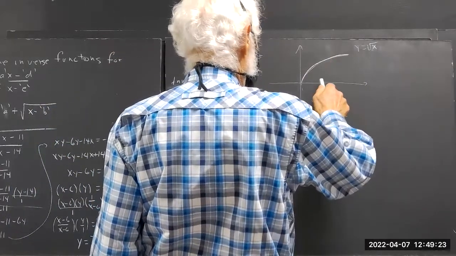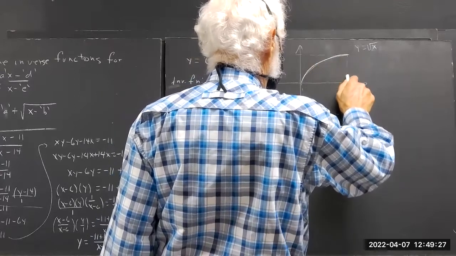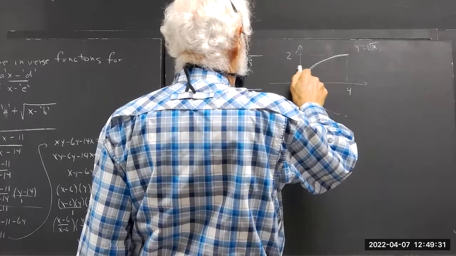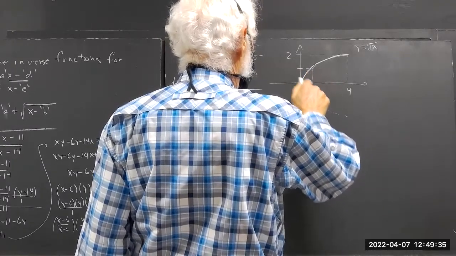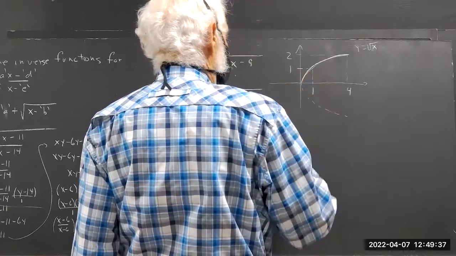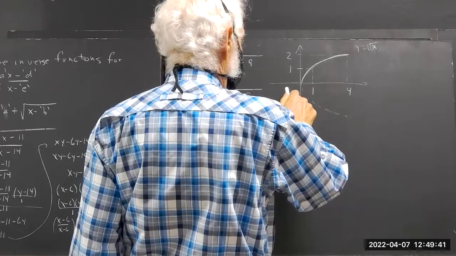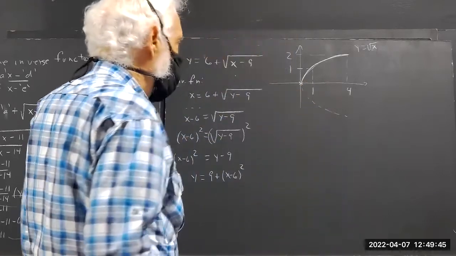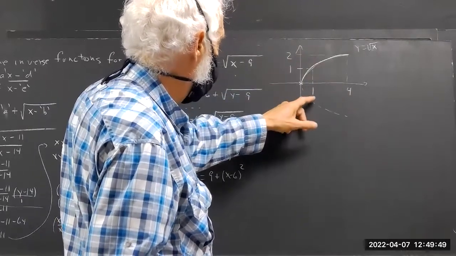Points on this graph will include 4, 2, and 1, 1.